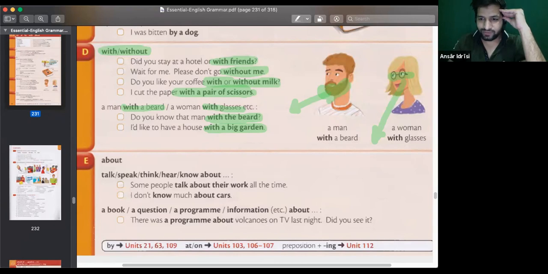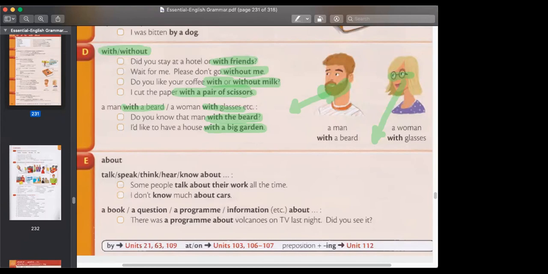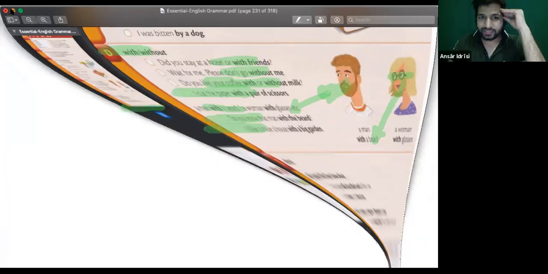I have a sandwich with cheese. Correct. Plants die without water. Correct. He is going to college without her bag. Correct.